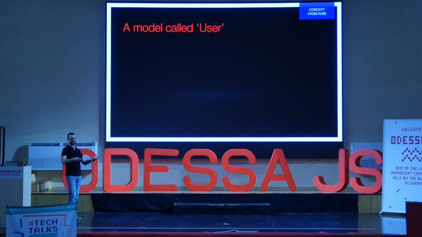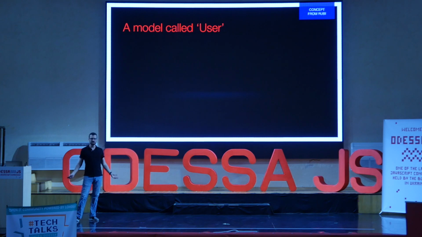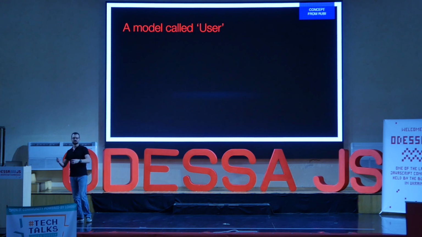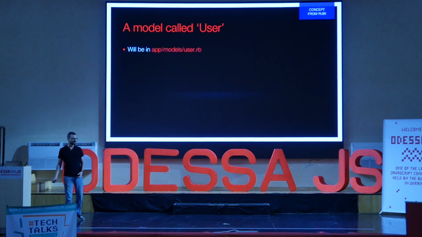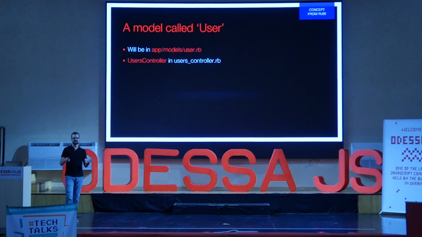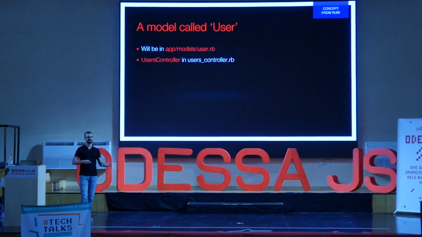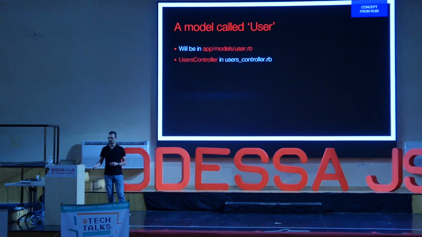So a classic example from Ruby on Rails would be a user model. This is always used for the current user who is logged in to your application and using it. It will surely be in a directory called app/models/user.rb. You'll have a user controller to change it, for index, getting, setting, and so on.